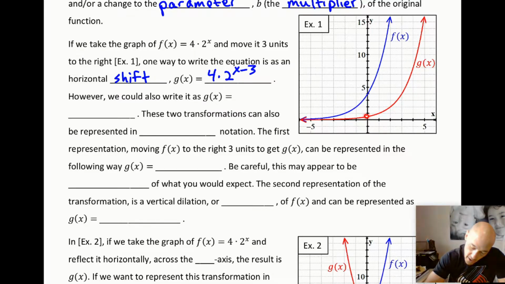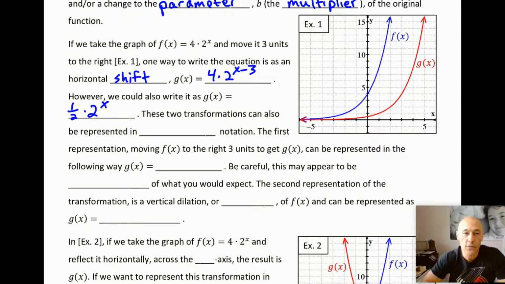So this right here is this point right there, moved to the right 3 units. Since our multiplier is 2, and this is 0, 1 right there, we know that this point has a y value of 1/2, so that point does as well. So we can write g of x as 1/2 times 2 to the x.